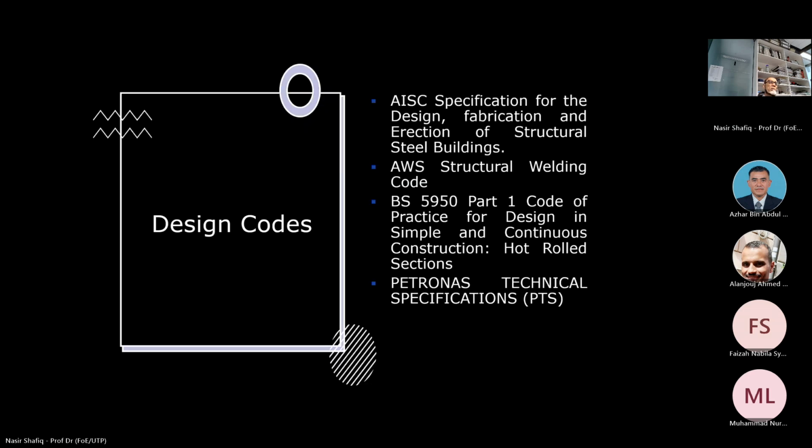Like you are in mechanical, there is the American Institute of Steel Construction specification, right, for design, fabrication, and erection of steel buildings, American Welding Society Structural Welding Code, BS 5950.